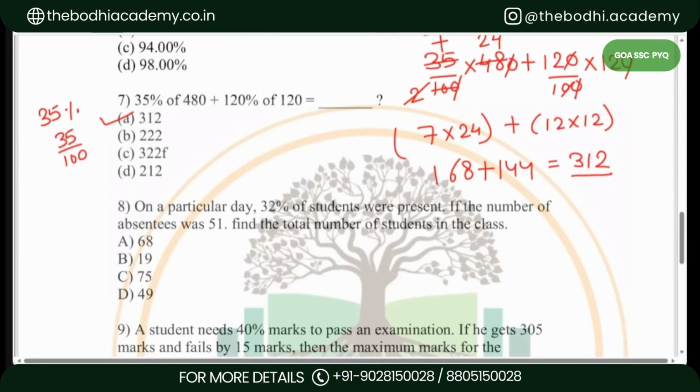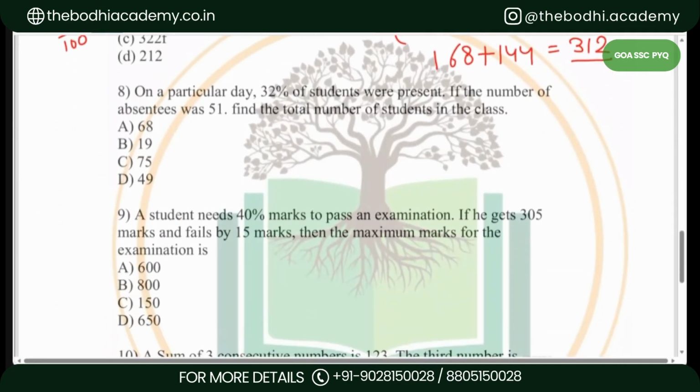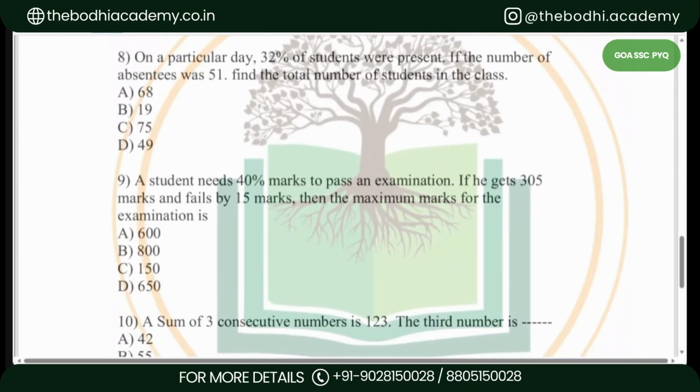Okay, question number 6 we will do later. Question number 8. These are all questions from percentage which have come in previous Staff Selection Commission examinations. Okay, so on a particular day, 32% of students were present.